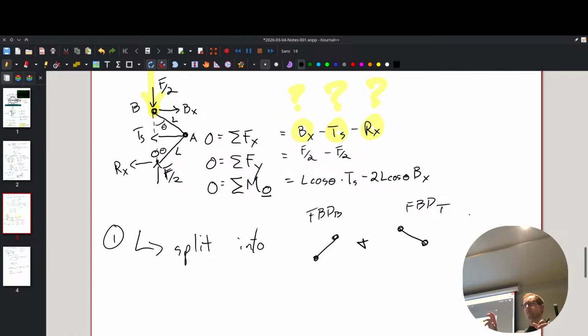Each beam is either under tension or compression. So what does that tell you about the forces in the hinges? Does it tell us anything about the reaction forces that our hinges are creating?